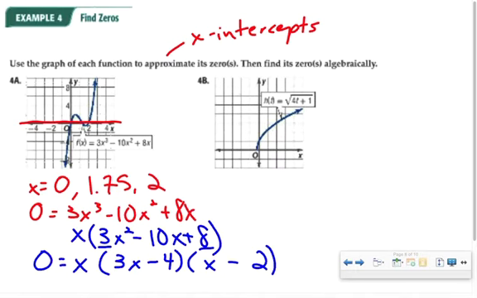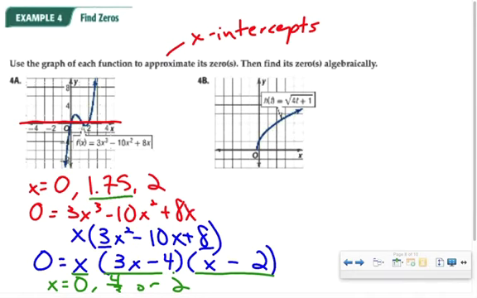And when I set each of these factors equal to 0, I can figure out my values for x. So x equals 0, or 4/3, or 2. So 4/3 is equivalent to 1.3 repeating.